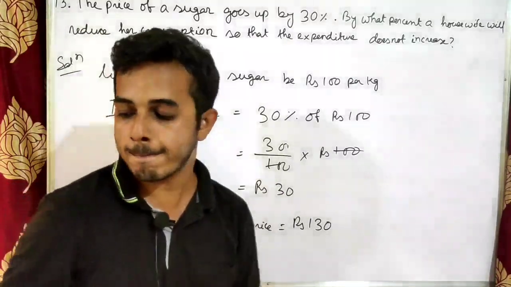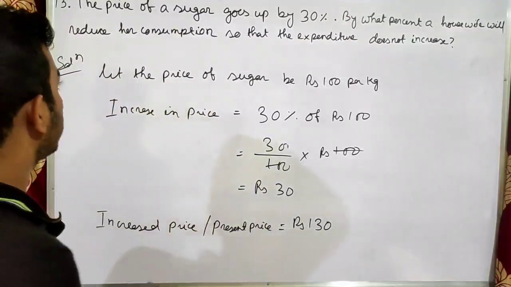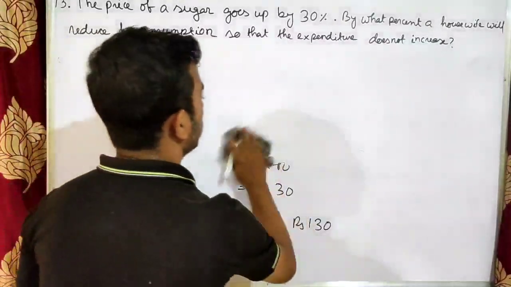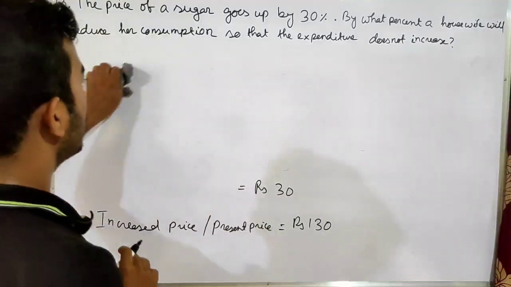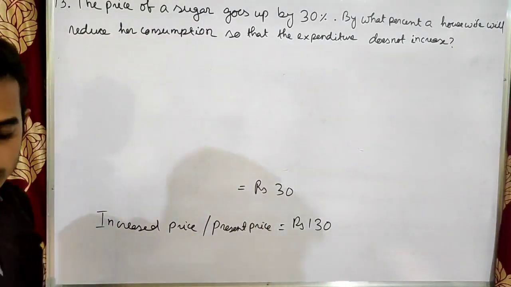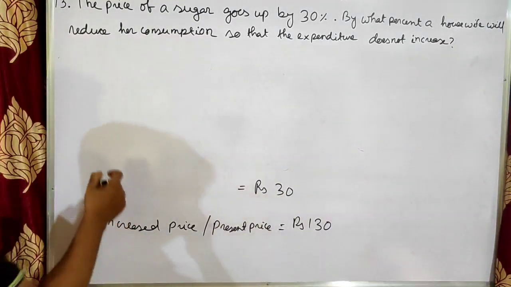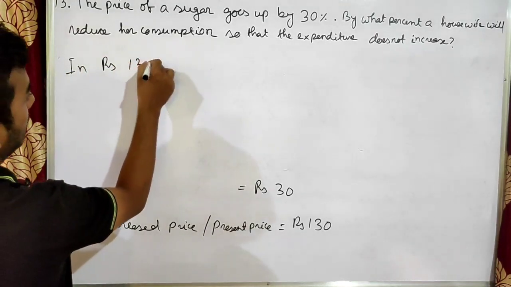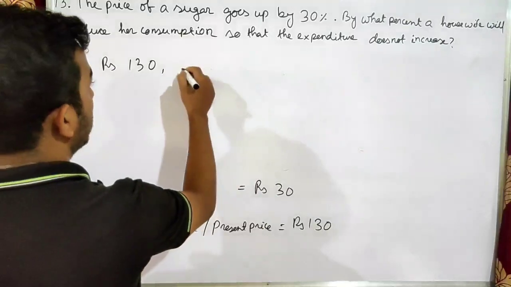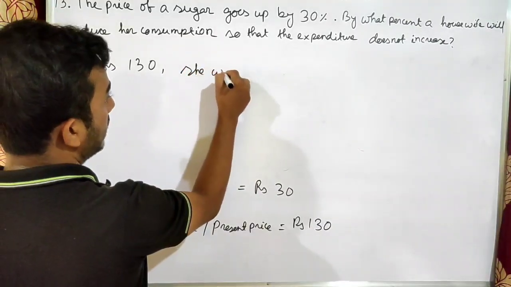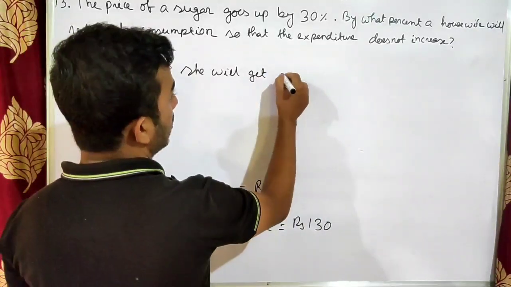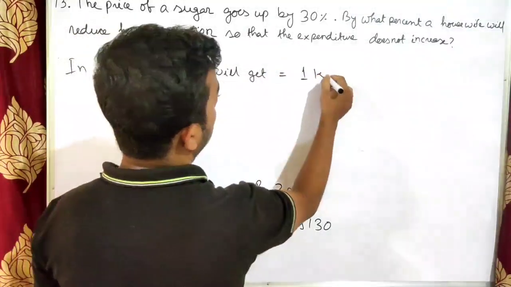Okay, so can we write it like this? In rupees 130, that is, the housewife will get 1 kg.